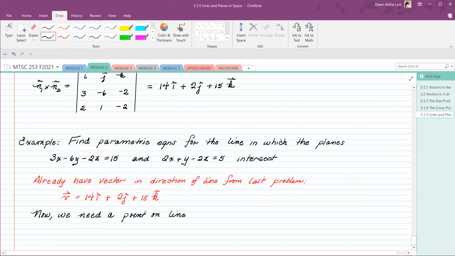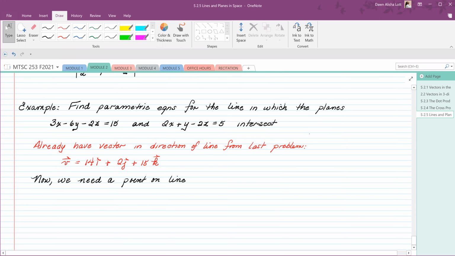So in order to get a point on the line, we're going to just let z equal 0. So if z equals 0, I get 3x minus 6y is equal to 15, and 2x plus y is equal to 5, because I let z equal 0 in this equation and in this equation.